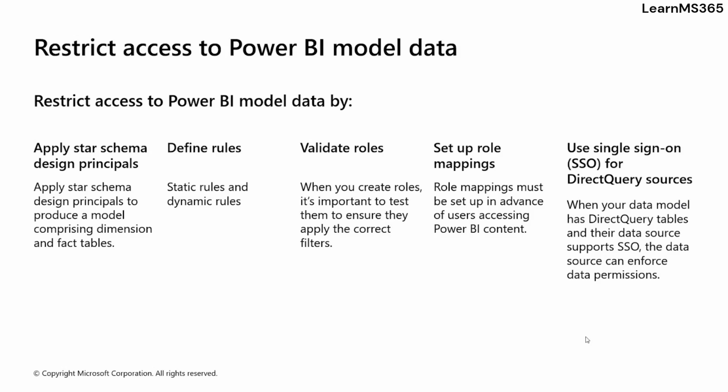Okay, and non-Power BI reporting tools that connect to the dataset by using a connection string can set this property. Like Microsoft Excel can also set the custom data property.